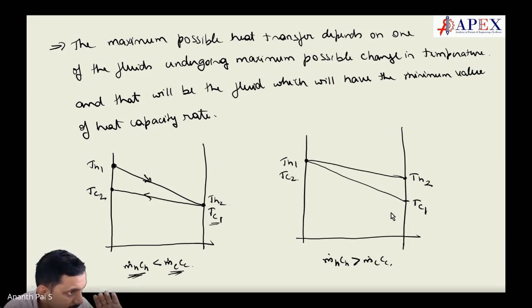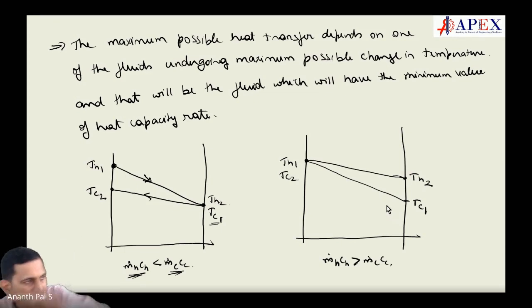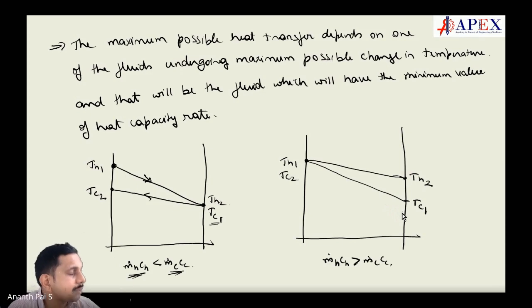This is the maximum temperature difference a fluid can undergo, whether it is cold fluid or hot fluid, for coming in and going out. What is the largest temperature difference it can have?